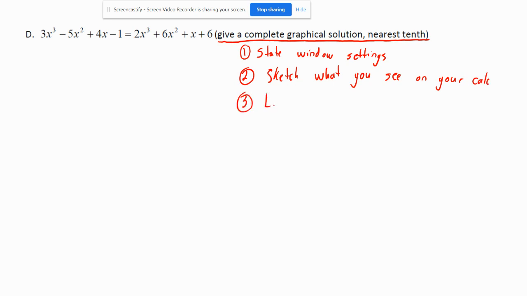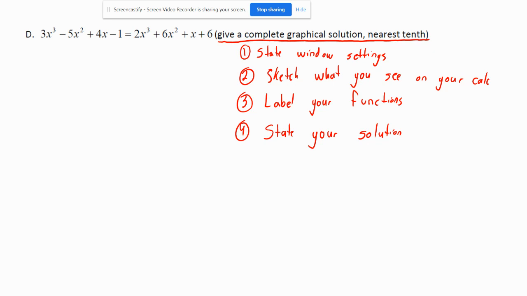Three, we want you to label your functions. Four, and this is most important, make sure you actually state your solution. Okay, so this is the work that we need to be able to see for a complete graphical solution.